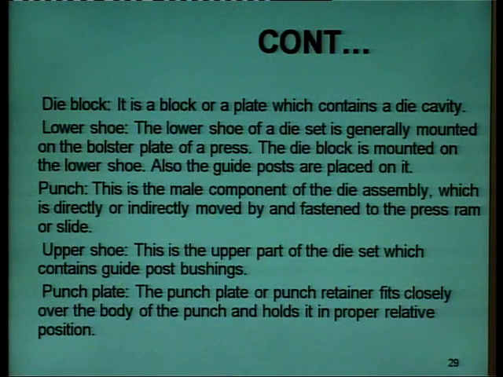Now, next comes the punch. The die is the female component and the punch is the male component of the die assembly, which is directly or indirectly moved by and fastened to the press ram. During the stroke of the press, the ram moves up and down, and as the punch is attached to the ram, the punch also moves up and down during one stroke of the press.